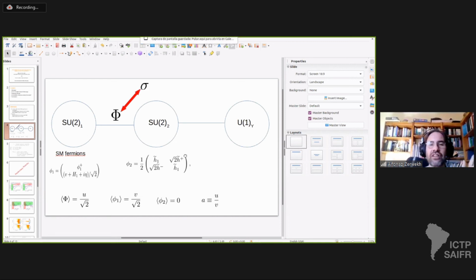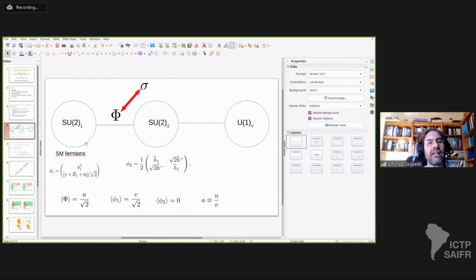This is the structure of the model. We have two SU(2) groups and the usual hypercharge U(1) group. And we add a new scalar, this capital Phi, which plays the role of breaking these SU(2) groups into the SU(2) of the standard model.